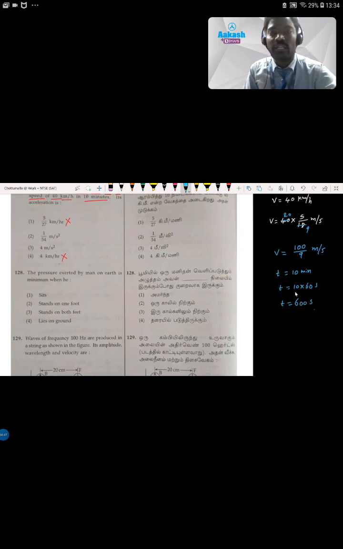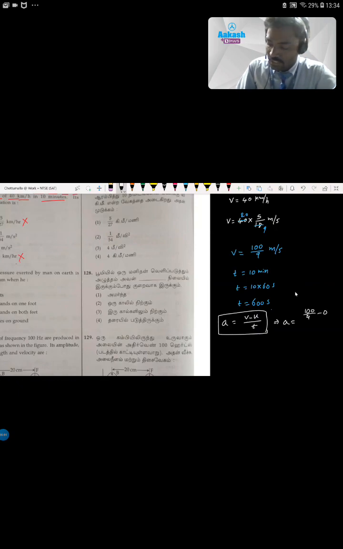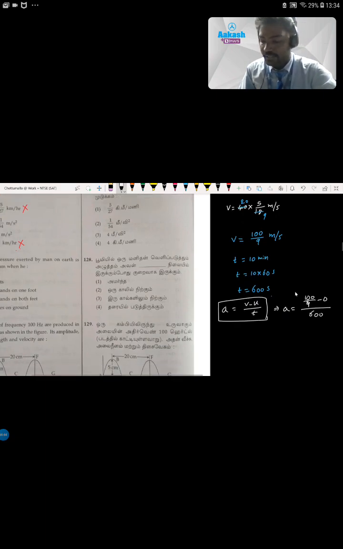They are asking to calculate acceleration. Acceleration a is equal to v minus u by t, change in velocity by time taken. So a is equal to 100 by 9 minus 0 by 600.